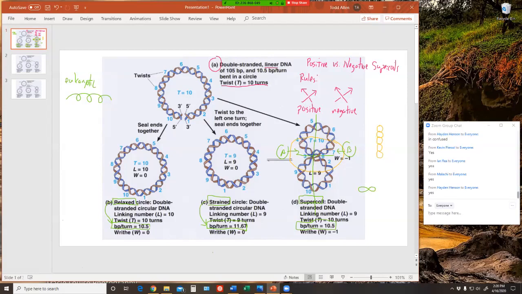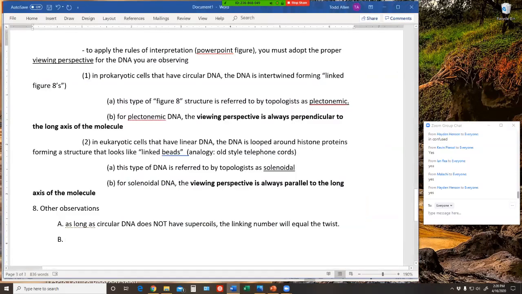All right, let me see if I can put some of this into words in your notes. At this point, I'm going to refer to the different pictures in the handout and assume that when you read these notes in the future, you know what handout I'm talking about. It's the one on the PowerPoint screen today and the one that I will email you this afternoon. Notice how picture C is described as strained.